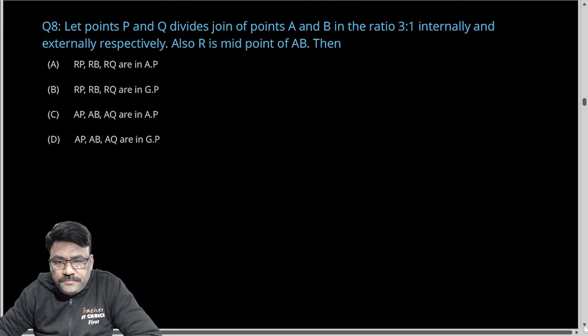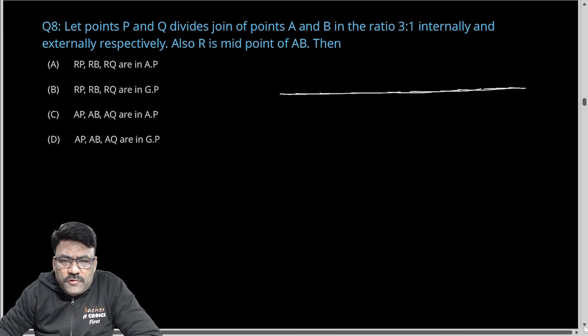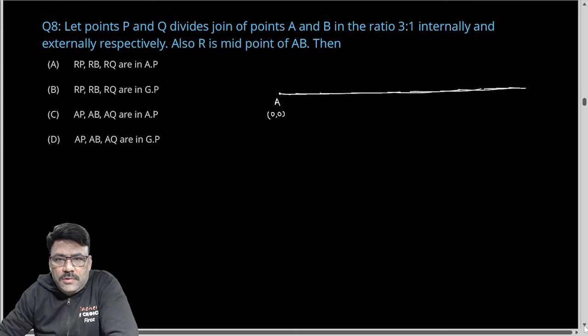So let's check. Suppose for the sake of convenience, I'm taking A as origin. It doesn't matter which points you are taking here. So let's say A is taken as origin. And P and Q are dividing AB in the ratio 3:1. So let's say AB length is 4 here.